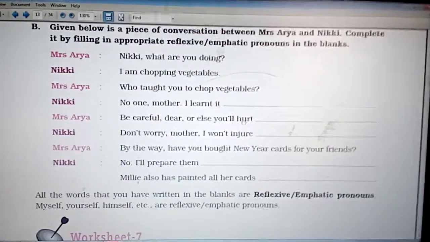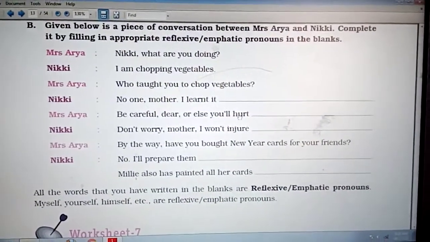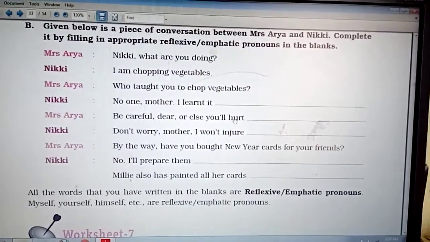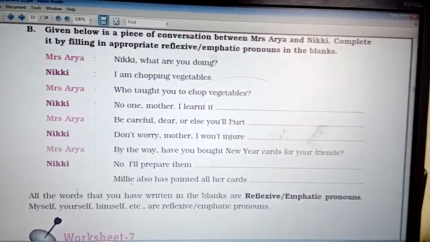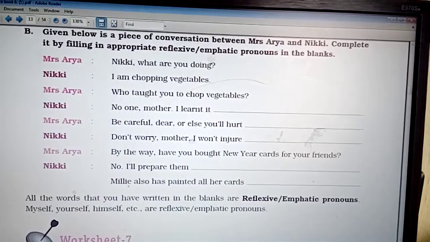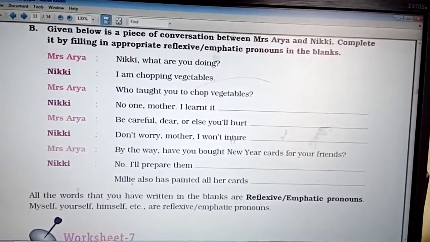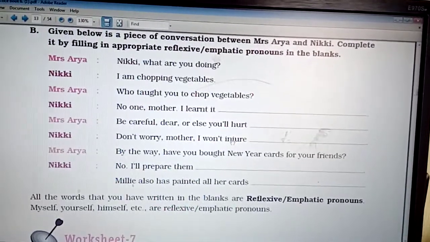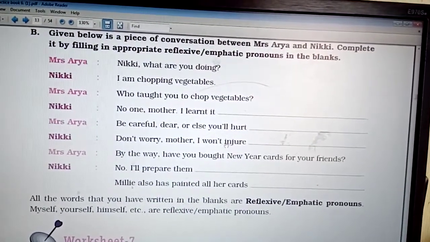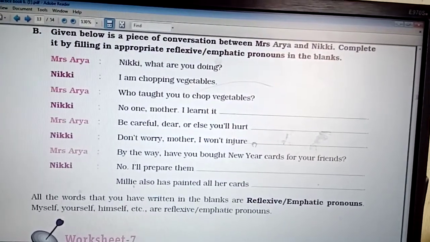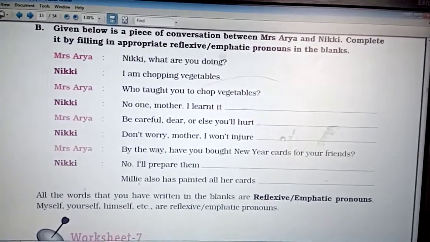Hurt is a verb and yourself is used after the verb, not after the pronoun. So yourself here is a reflexive pronoun. I won't injure myself. Injure is the verb, so myself is used after the verb here. So this is reflexive.